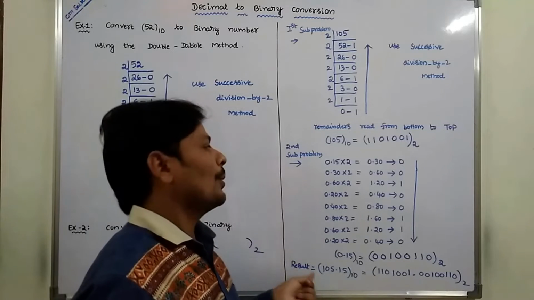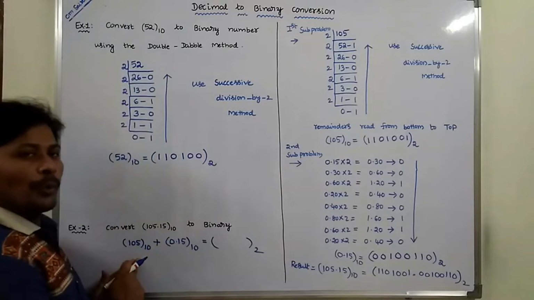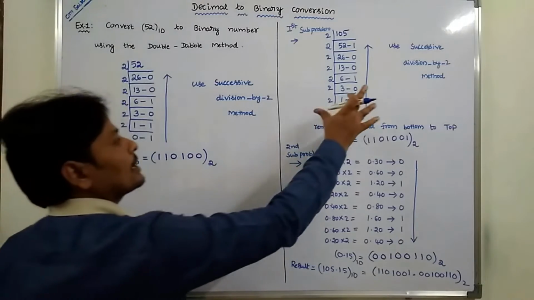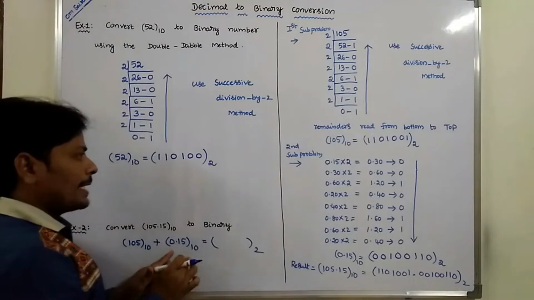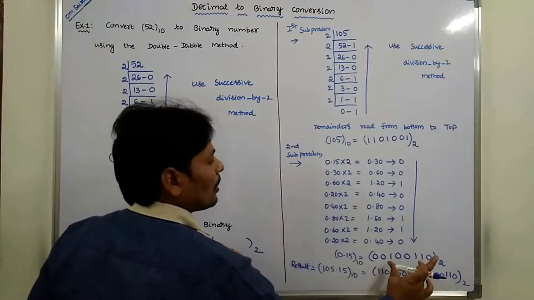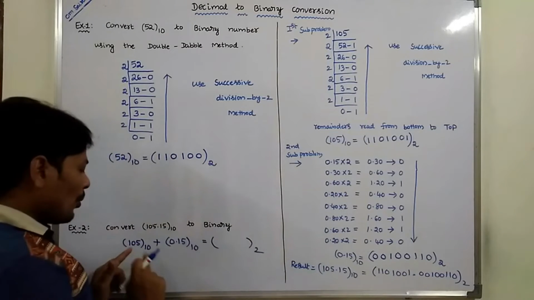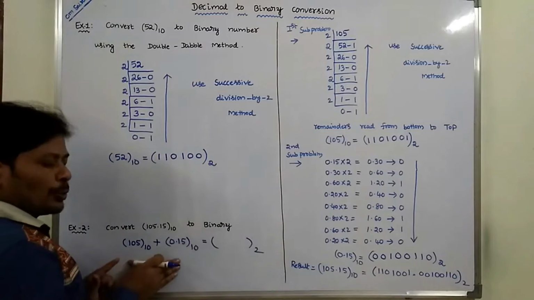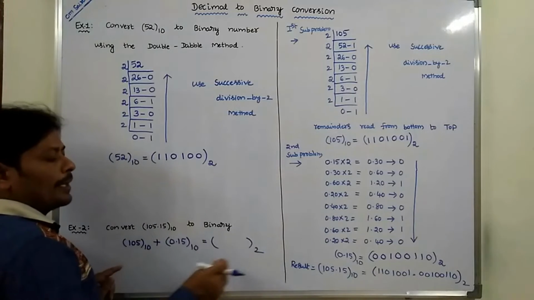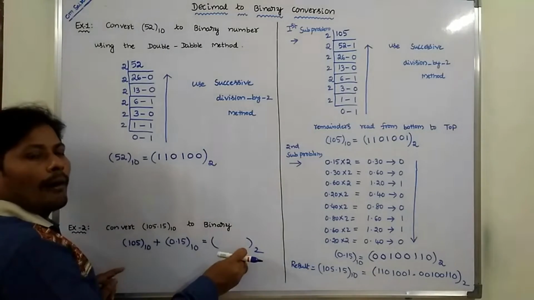Okay, so here this is the first sub-problem. The first sub-problem result is this one. The second sub-problem result is this one. Now we have to combine these two sub-problem results to get the original answer.